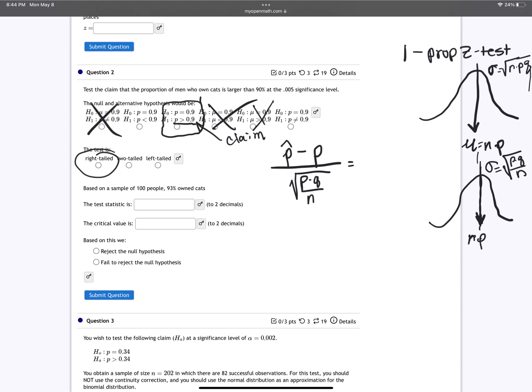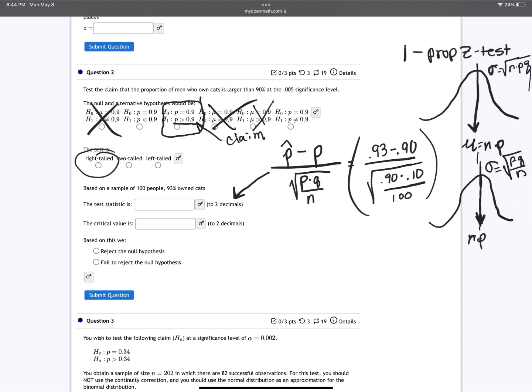This is our test statistic. It is going to be 0.93 minus 0.90 divided by the square root of 0.90 times 0.10, which is 1 minus p, all over 100. I calculate that number, and it gives me my test statistic.